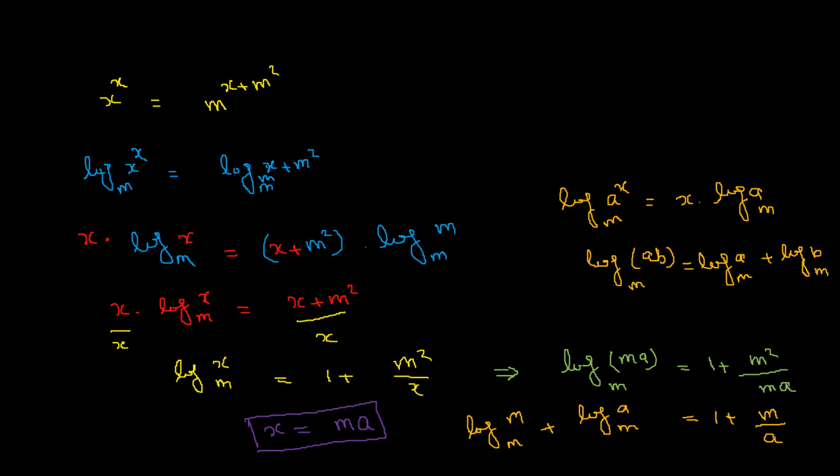Okay, as we know that logarithm of m with base m is 1, so we get 1 plus log of a with base m equals 1 plus m over a.